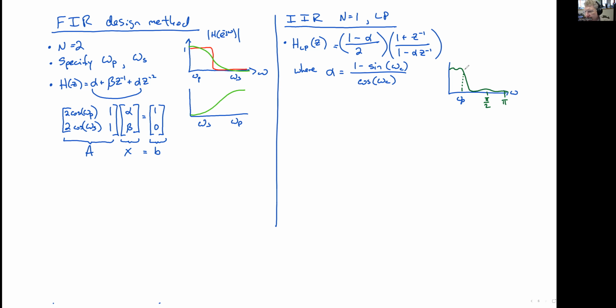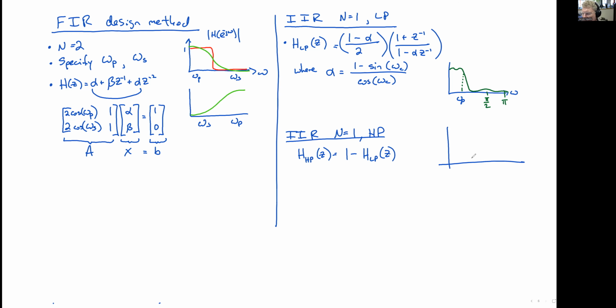And you might think that it's very limiting, that it works only for low pass filters, but in fact, a simple alteration can make it work for high pass filters, because it's important to see that a high pass filter is just 1 minus a low pass filter.